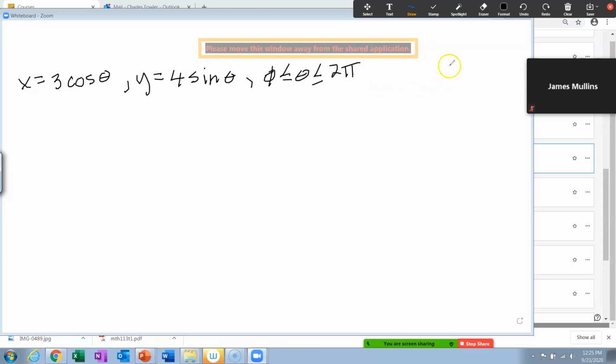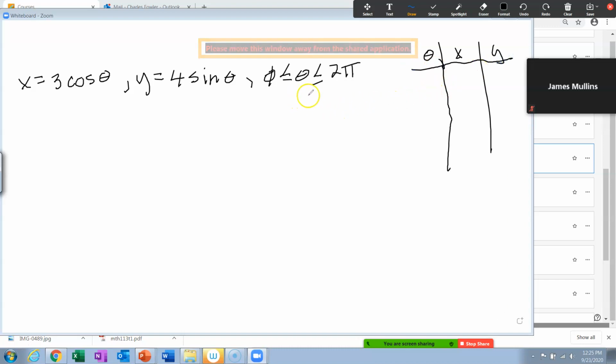Okay. Now again, I kind of like to do a version of the t-table. In this case, it's going to be a theta table. So we're going to have thetas here. I'll just do columns. X is here, and Y is here. Okay.